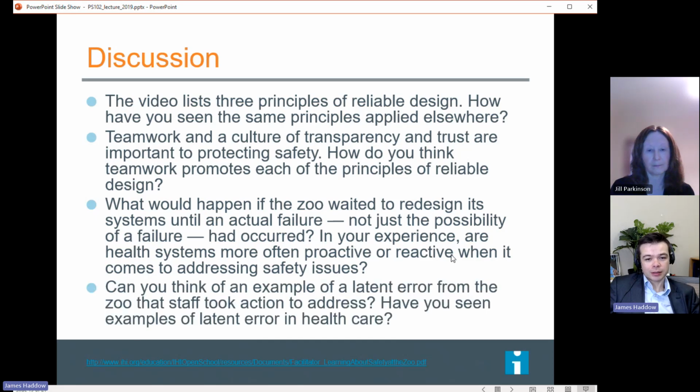Can you think of an example of a latent error from the zoo that staff took action to address? Or have you seen examples of latent error in healthcare? Anybody got any suggestions?